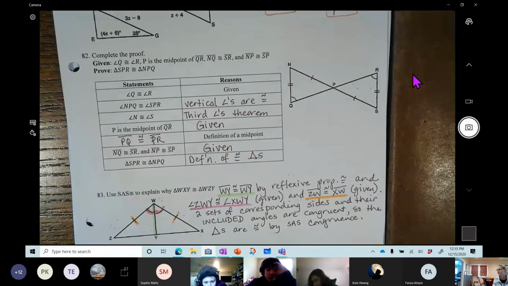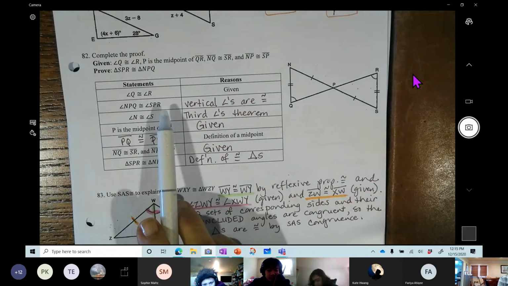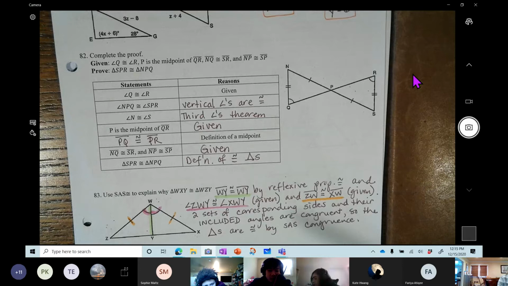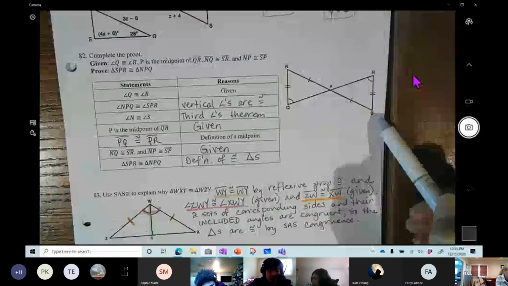Oh, it's frozen. Okay. So when you look through each step, you look at what they're telling you, and then you look at the picture and notice that it's these 2 angles they're talking about. Oh, that's vertical angles. Okay. And then if you have these 2 and these 2, then you can say that angle N is congruent to angle S by the third angles theorem.